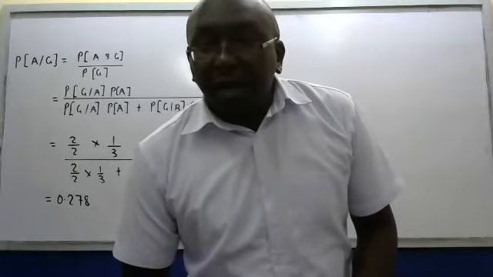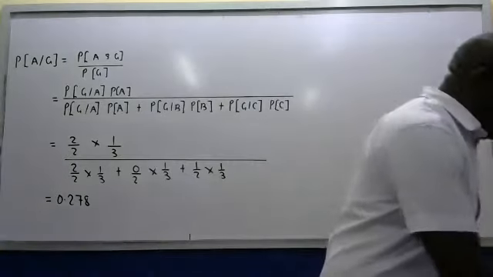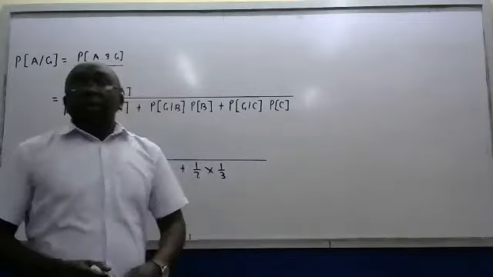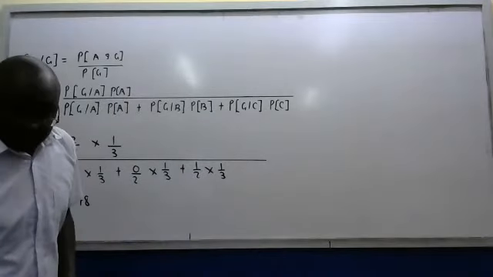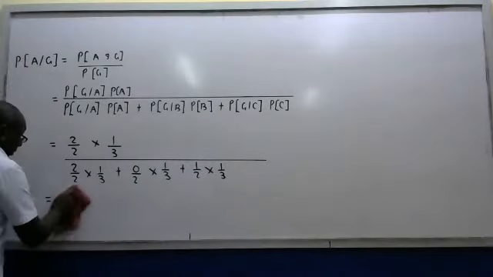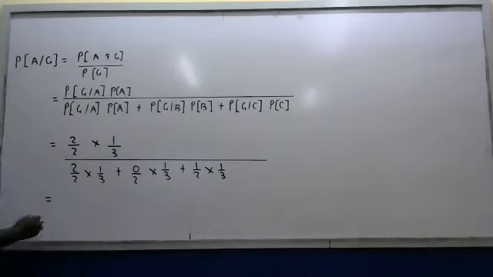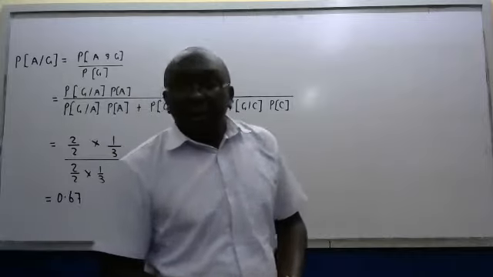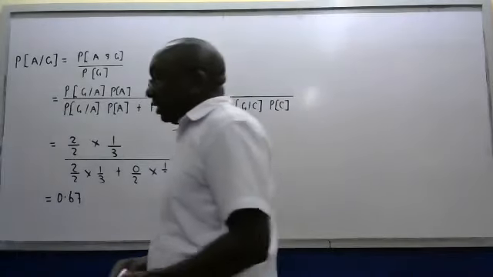Yes, Barbara and Wilfred are giving me 0.67. So Brian, check yours again. I think it's 0.67. Yeah, 0.67.